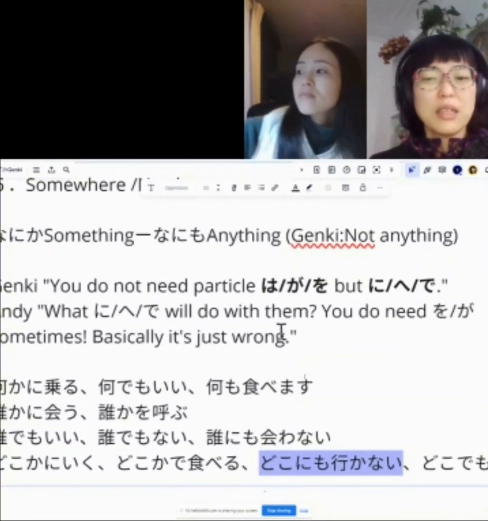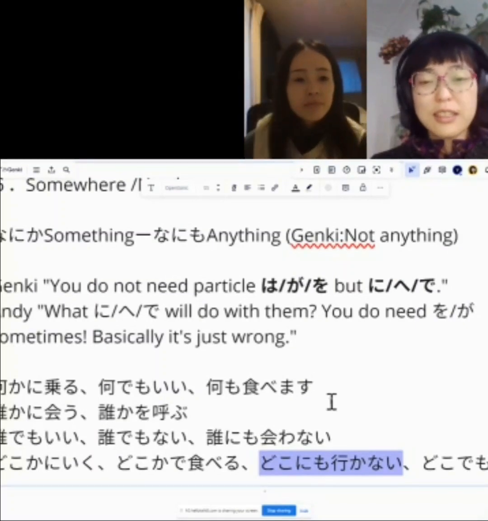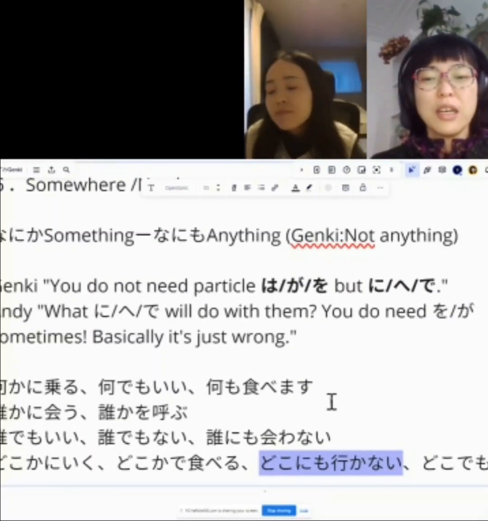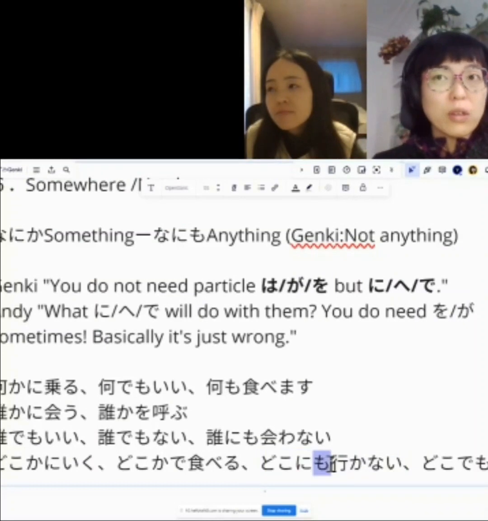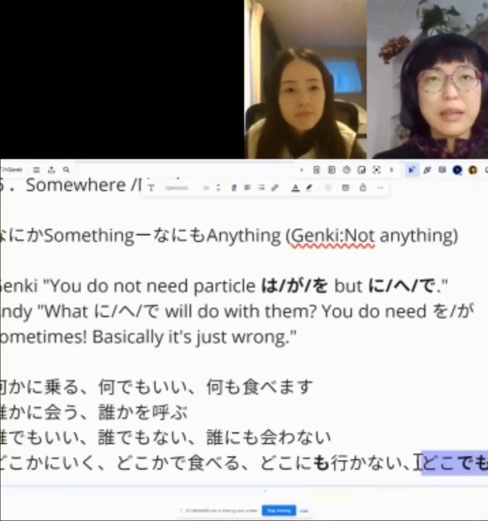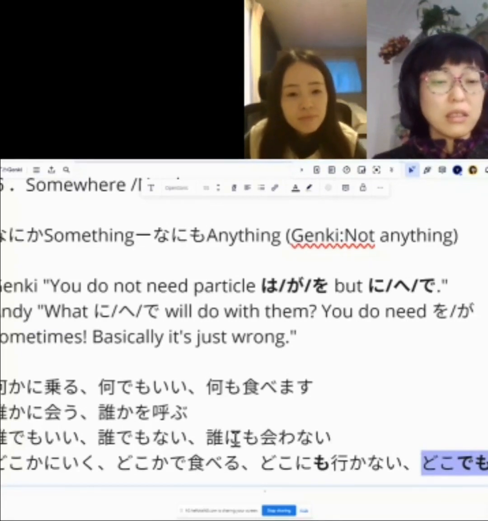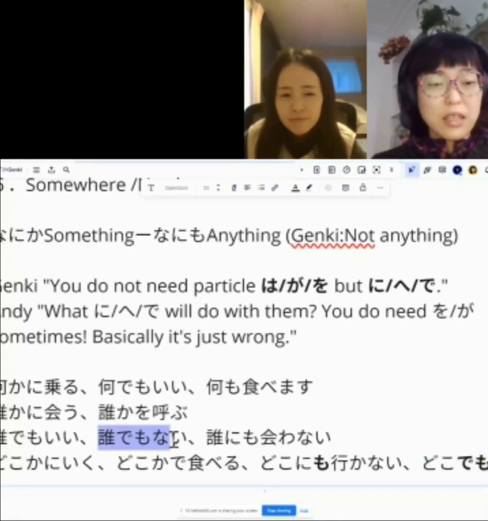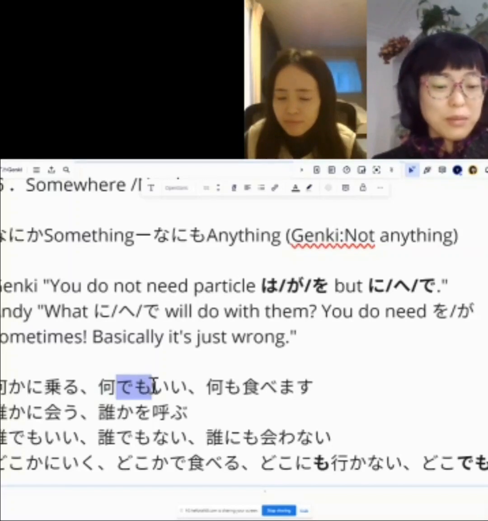But you see here, what he was confused by the most is, if you use it with demo, it doesn't necessarily always become negative. And here is his example. 誰でもいい。何でもいい。Those are clearly affirmative, right?